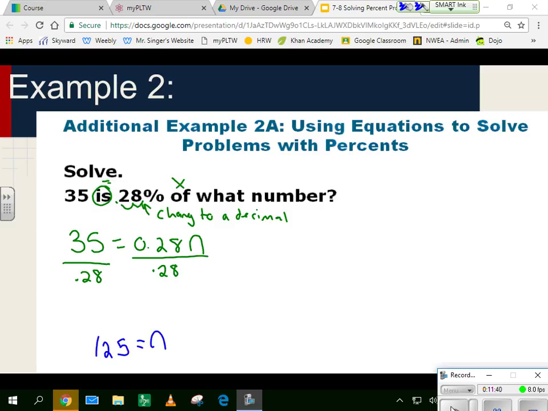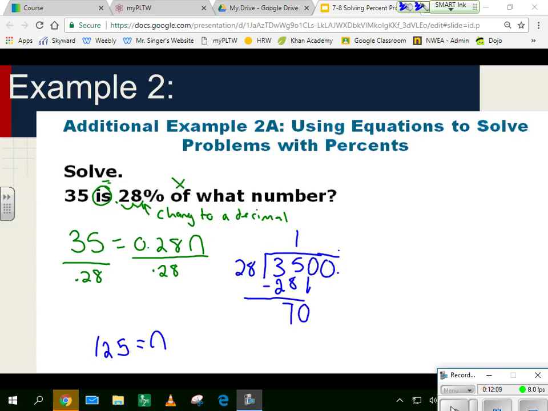Now, how did I get that? Well, I had to do 0.28 into 35. This decimal had to be moved twice, so if I move that twice there, I have to move the decimal twice here. So that means I've got to end up adding some decimal or some zeros. So now that I have this, I thought to myself, how many times will 28 go into 3? It can't, but it can go into 35 once. And when I was finished finding the remainder, I had 7. So I brought down the 0.